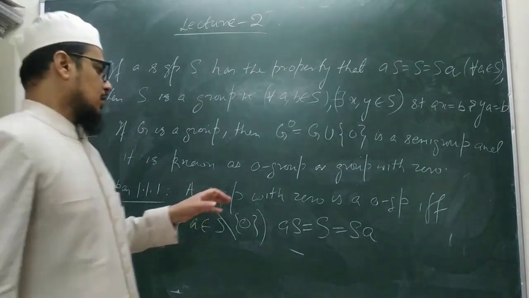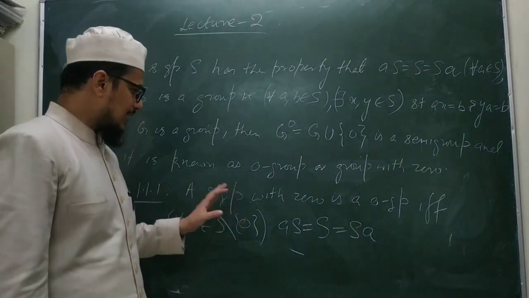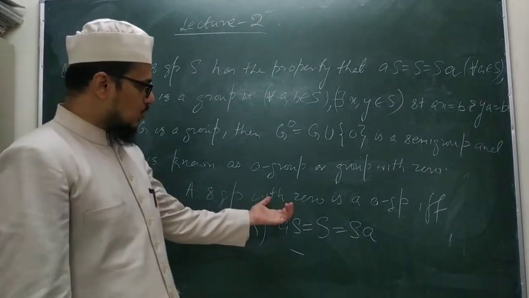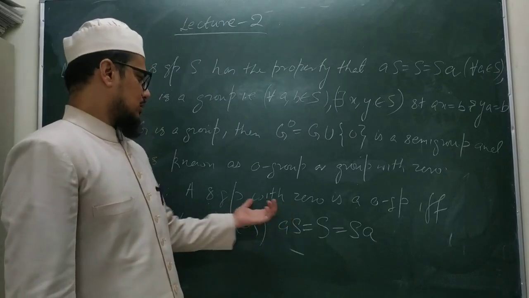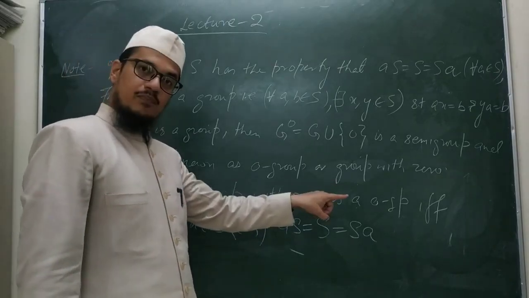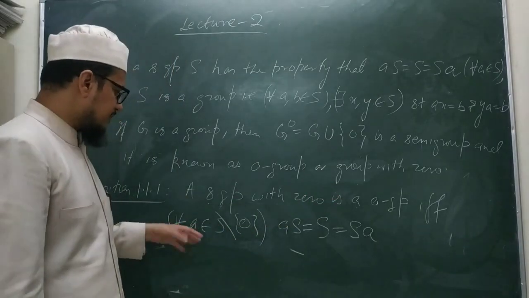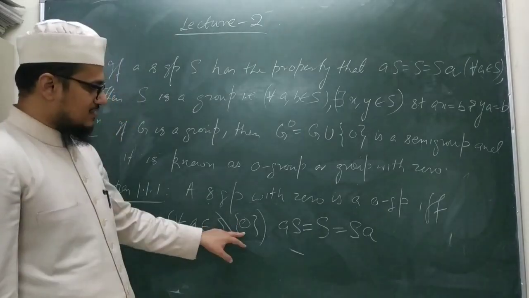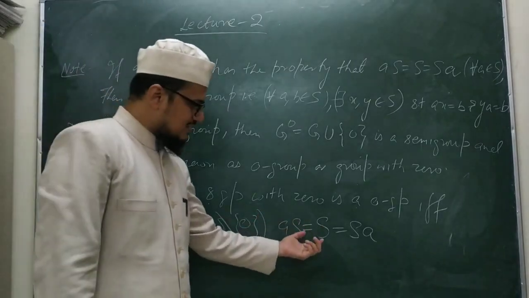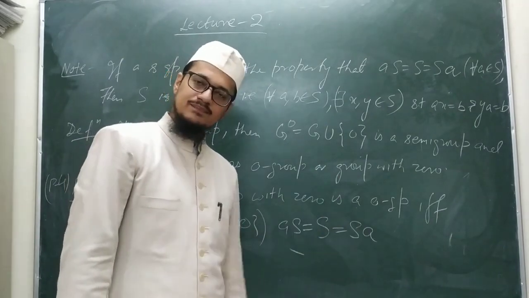So we have to prove that a semigroup with 0 is a 0 group if and only if for every A belongs to S minus 0, AS is equal to S is equal to SA.